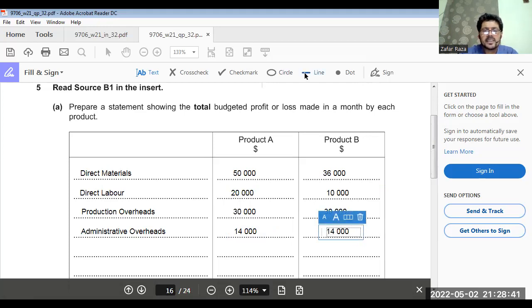So that makes your total cost of production, how much?